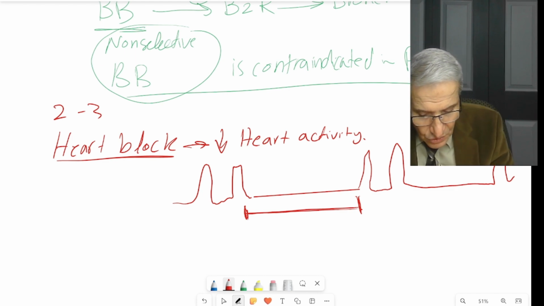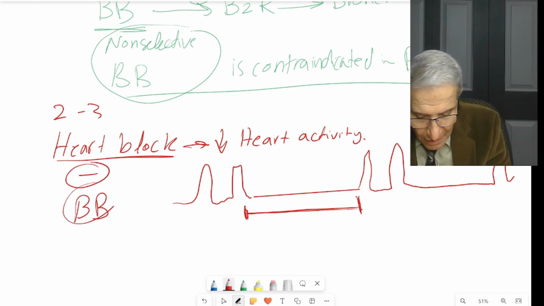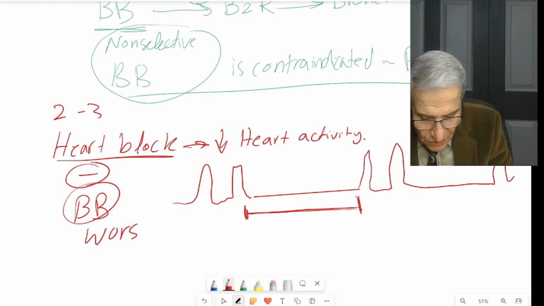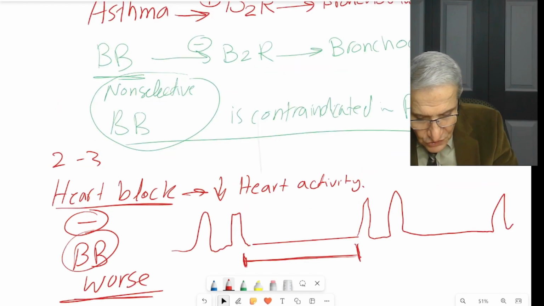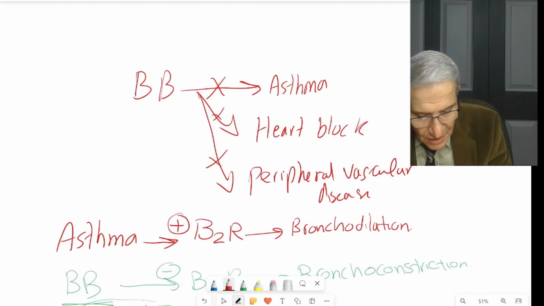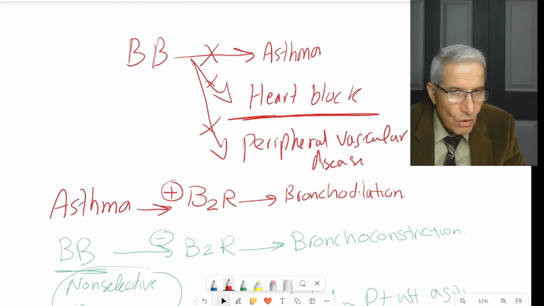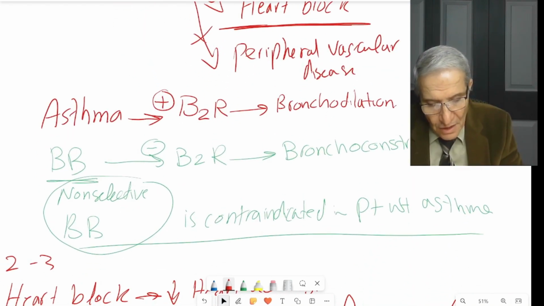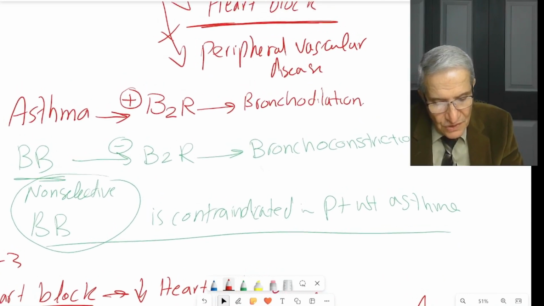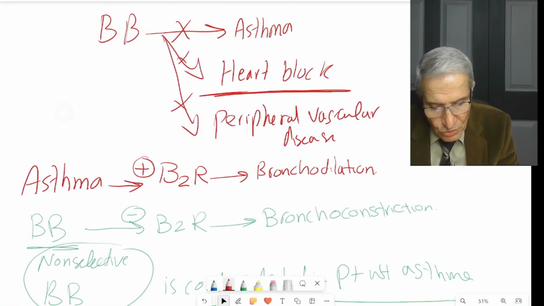For this reason, if you prescribe beta blocker it will block the heart. Beta blocker will aggravate the situation and make it worse. For this reason, we don't prefer to prescribe beta blocker for patients suffering from second or third degree heart block.